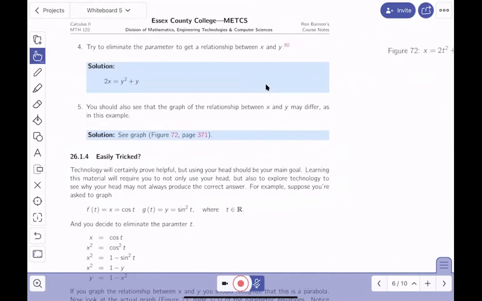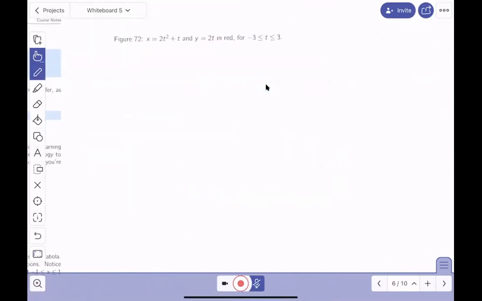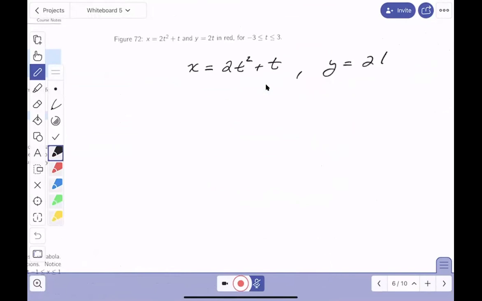So x equals 2t squared plus t, and y is equal to 2t.